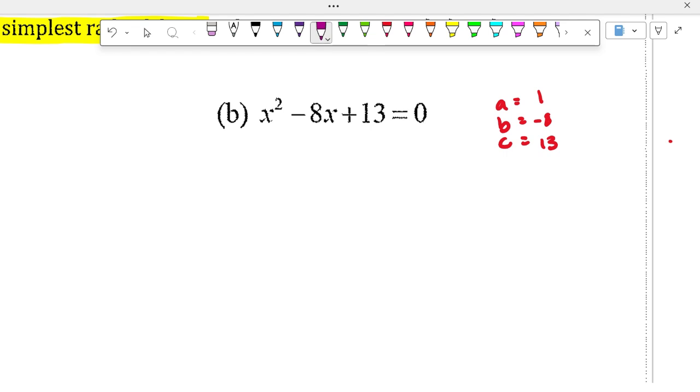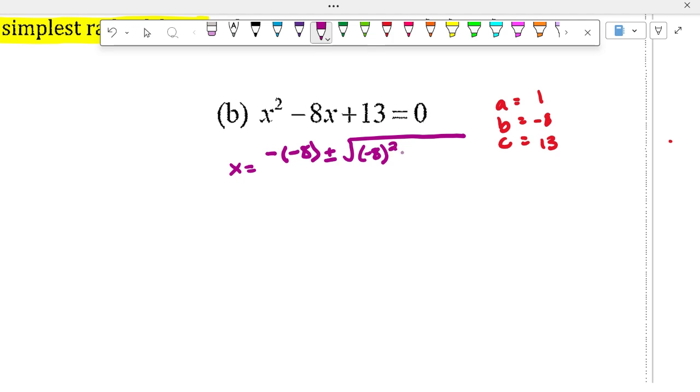So now we're going to put in the formula. Now, be careful with this. So x equals negative times -8. If your b value is negative, you have to multiply a negative to it, because the negative is in the formula. Plus or minus the square root of what? -8, what?